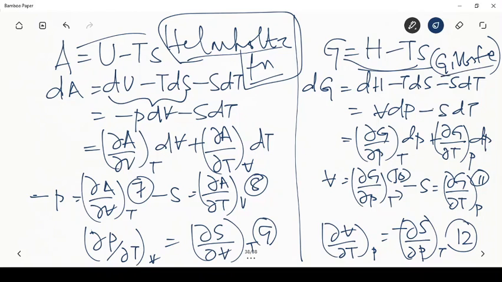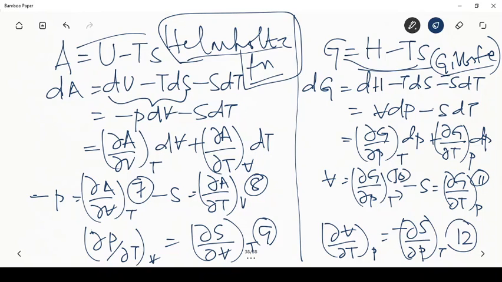Now, in terms of internal energy and enthalpy, the Helmholtz function is U minus TS and the Gibbs function is H minus TS, and therefore you again get 2 other expressions by differentiating. dA is equal to minus P dV minus S dT and dG is equal to V dP minus S dT, and then you get this set of expressions.